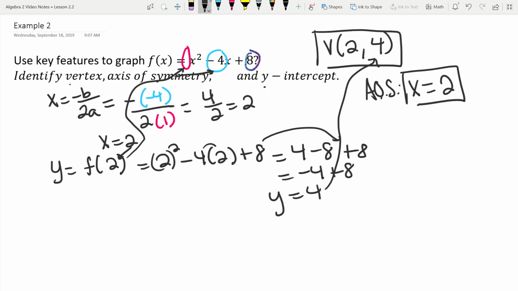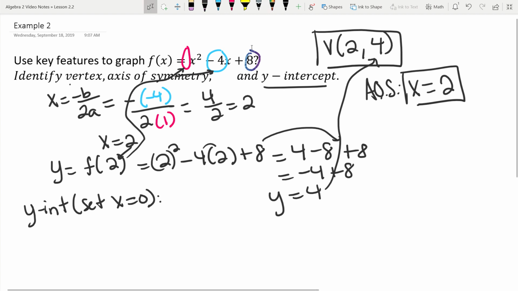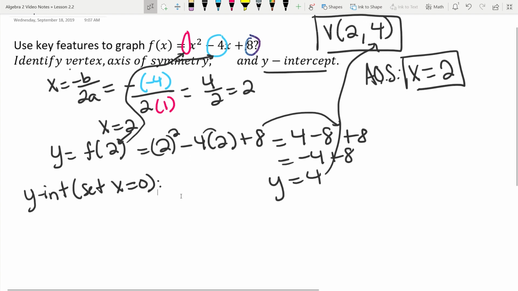All right, now we need our y-intercept. So to find our y-intercept, you set x equal to 0. Okay, so that means that we're going to plug in 0 for x, here and here.